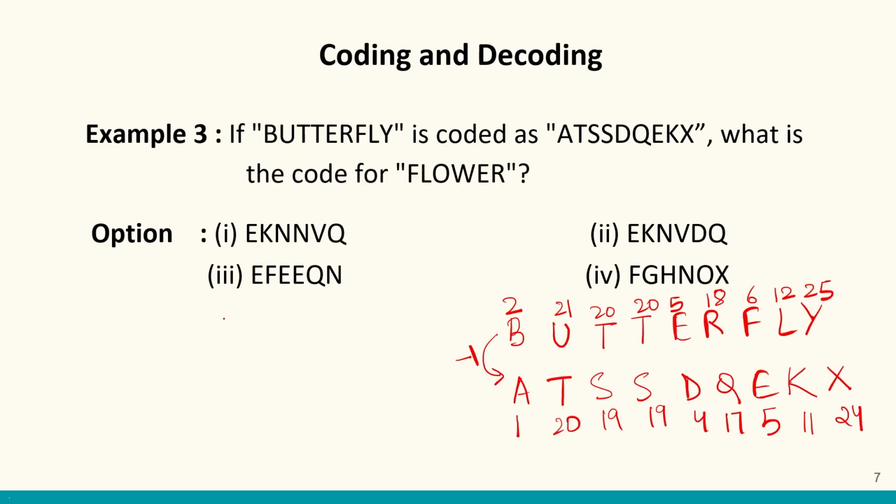If I have to code flower, I'll move just one position backwards. From F we take E, from L we take K, from O we get N, W will be V, E will be D, and R will be Q. So our answer will be E, K, N, V, D, Q, which is option number 2. So option number 2 will be our answer.